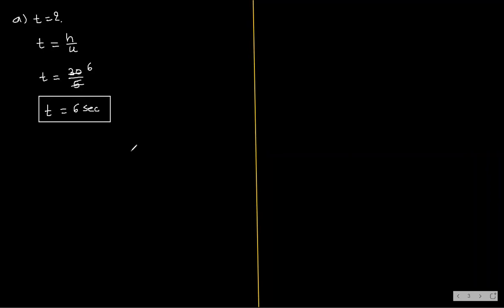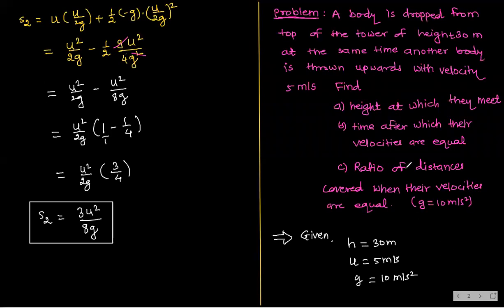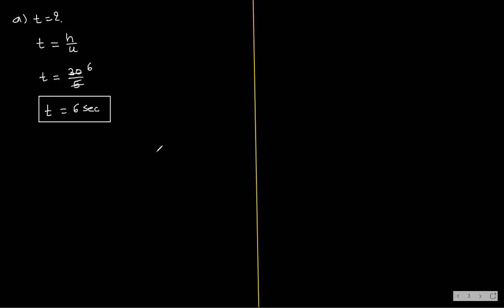Now next one. What is the B bit? Time after which their velocities are equal. Okay. So time after which their velocities are equal. What is the formula? T is equal to u by 2g. So time T is equal to, u is what given here?